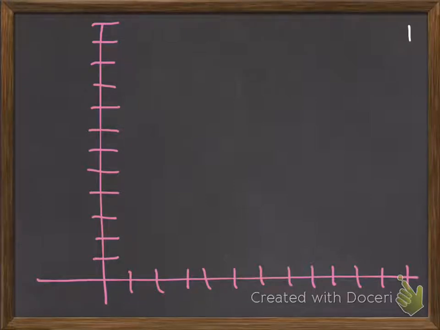Okay, sorry, I had to redo my scale here because I have larger points than I thought. So 0, 4 is what we're graphing here. 1, 2, 3, 4. And then we have 6, 11.5.